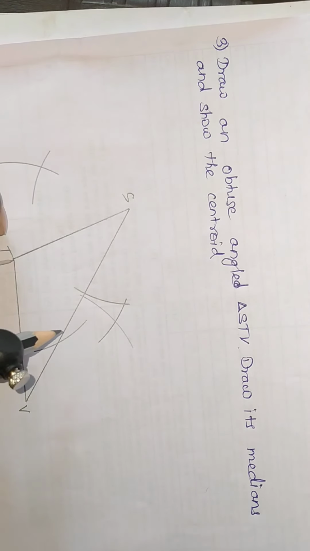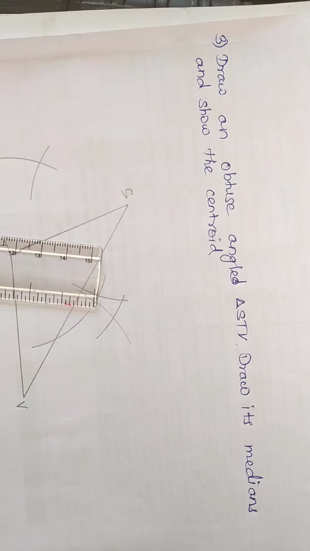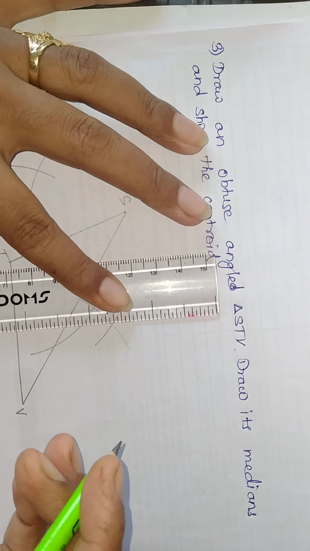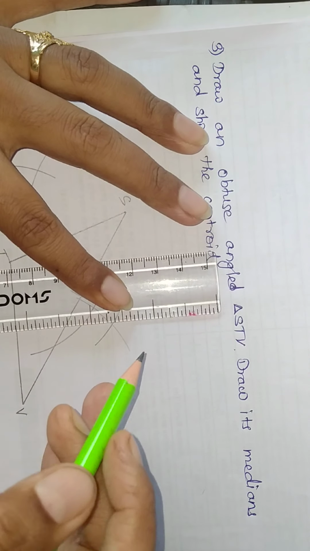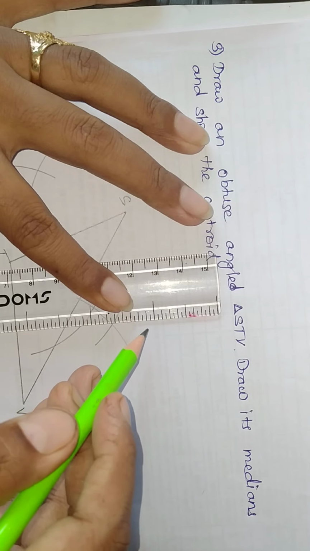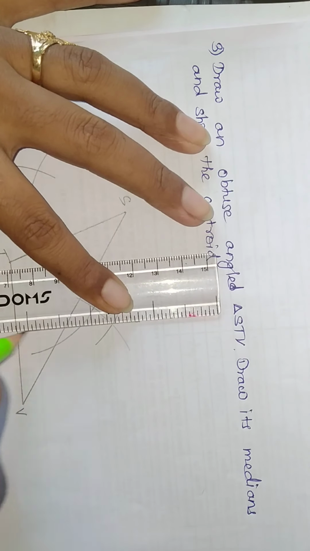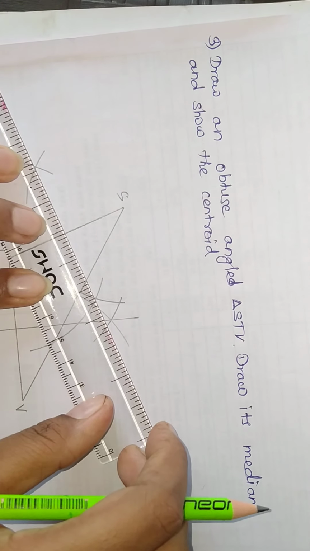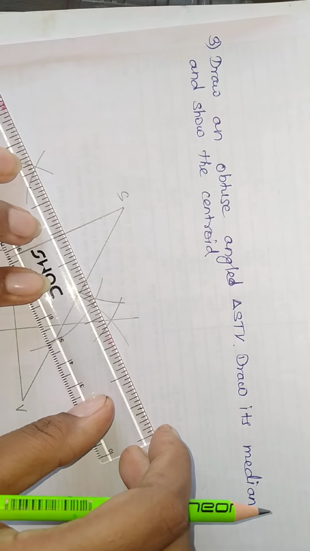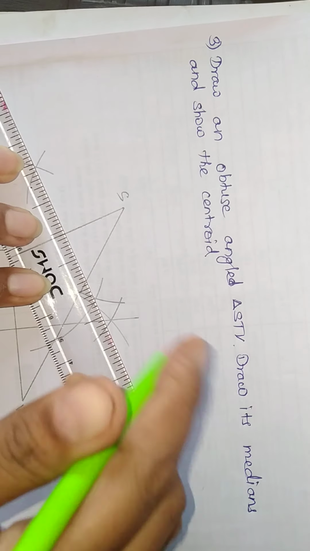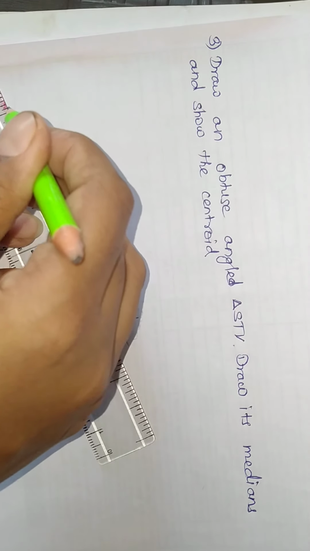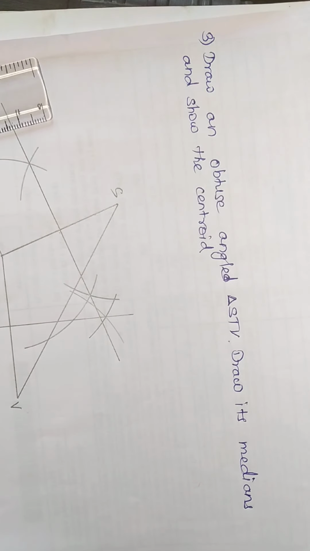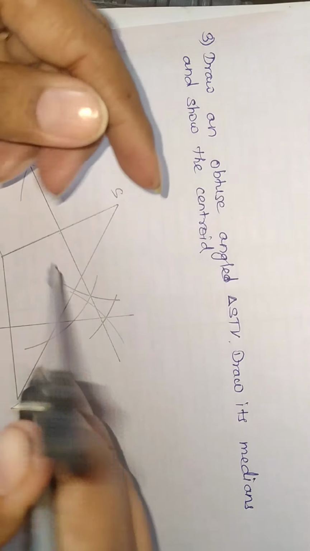First, one by one we will join. First these 2 points, then these 2 points, then for this segment SV we have to draw still.